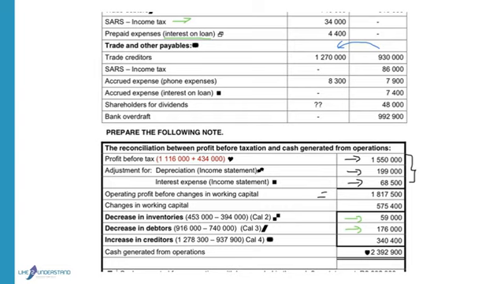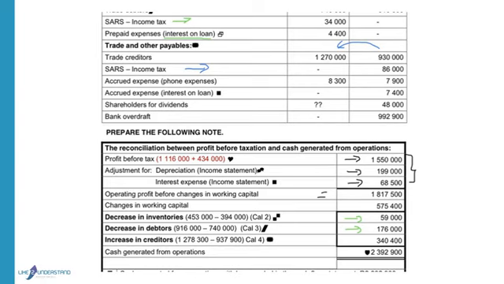The creditors finance the business, that the business owes them more money, so this was an inflow of money. SARS income tax will not be taken into account with creditors because it will be taken into account to show what is the outflow of income tax that was paid during the year.